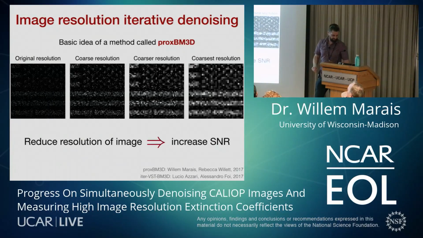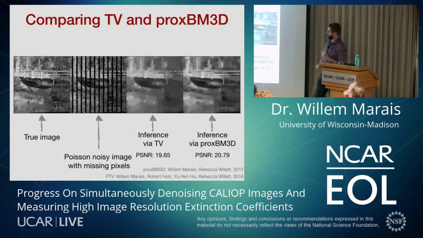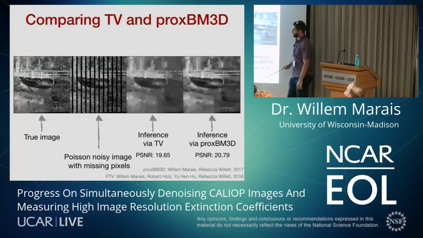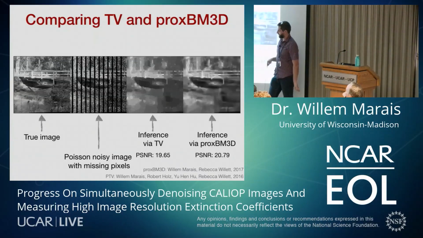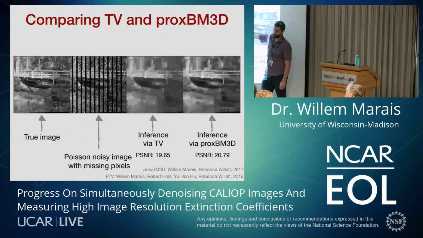So to demonstrate the effectiveness of this methodology, as we published in a conference paper, here's an image of a bridge, which is a normal photograph, that was corrupted with Poisson noise with missing data. So we have a Poisson noise model that tells us the properties of the noise. We have a forward model that tells us where the missing pixels are.